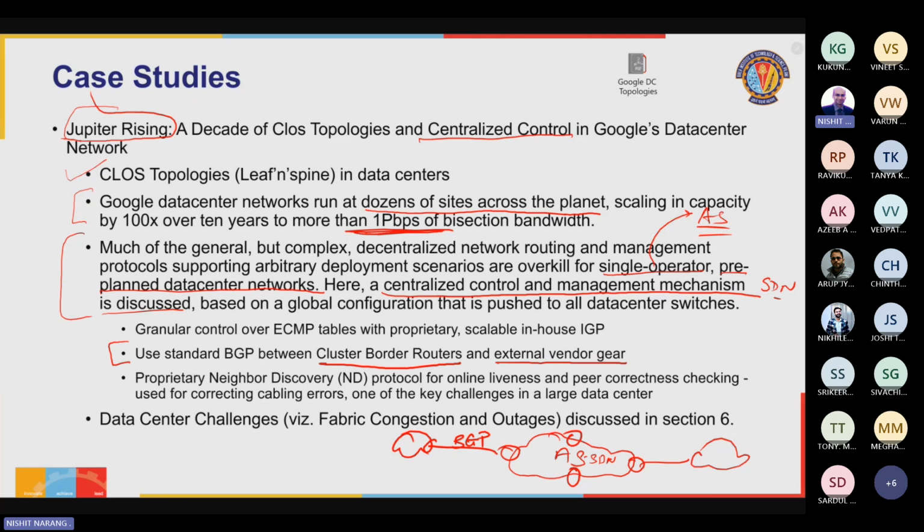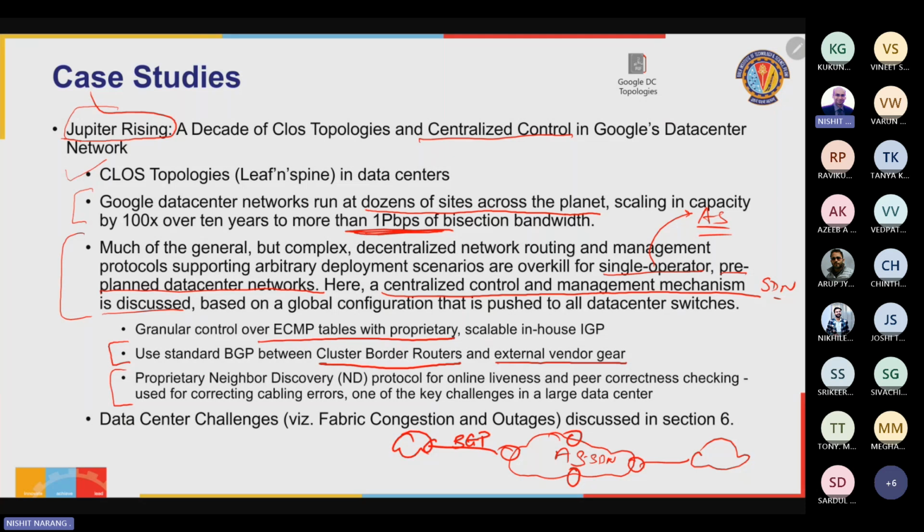Okay, internally, they're also using ECMP so that multipath routing can be utilized. They also have a proprietary method for neighbor discovery. So in link state routing protocols, we saw that there is a method called link state advertisements, which is used to discover neighbors and their connectivity.